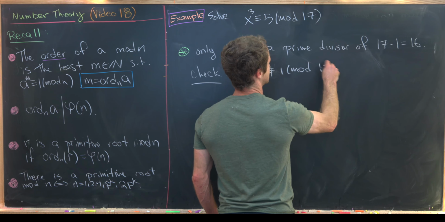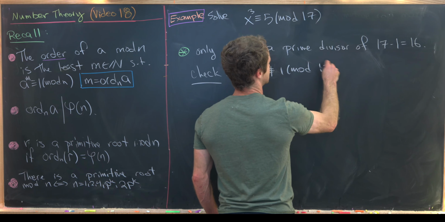If 3 is a primitive root, then any number that's relatively prime to 17 can be written as a power of 3 mod 17. That includes this unknown x, so we're going to write this unknown x as a power of 3. This is all occurring mod 17. Now we can plug that into our congruence. That gives us 3 to the y to the 3 is congruent to 5 mod 17.